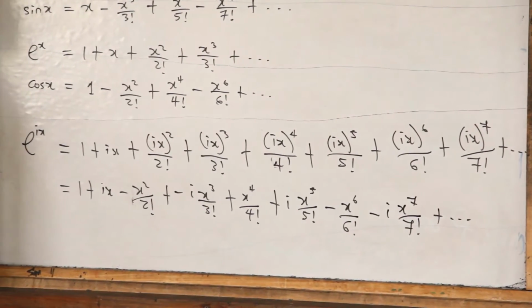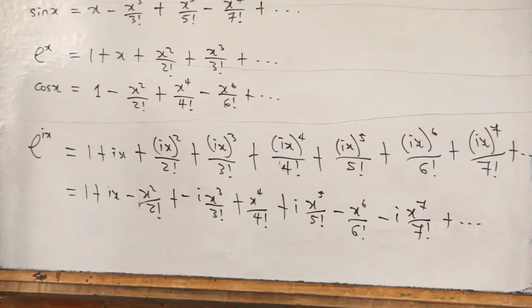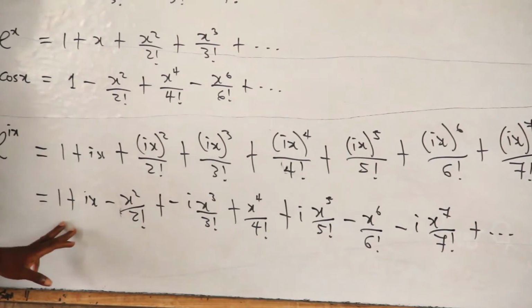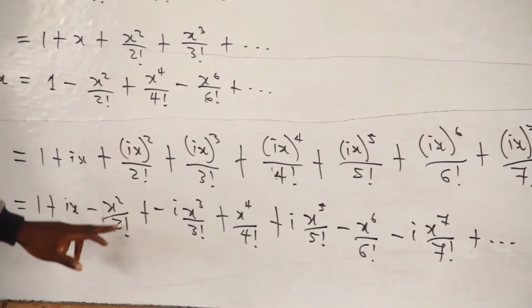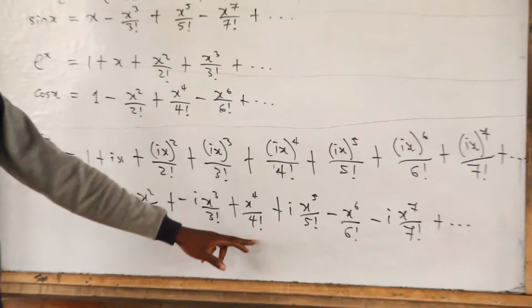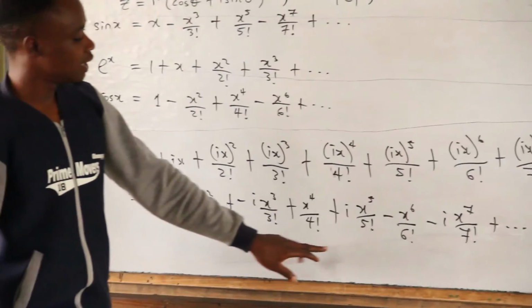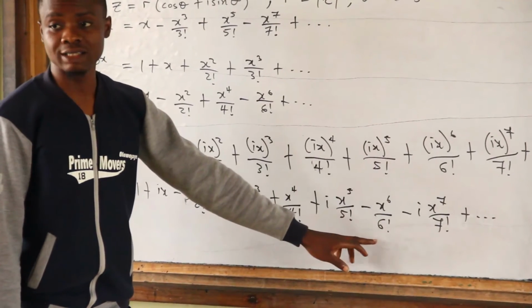Alright. So you can now rearrange them. Look at the terms that don't carry i. You have 1 minus x squared over 2 factorial plus x raised to power 4 over 4 factorial minus x raised to power 6 over 6 factorial.